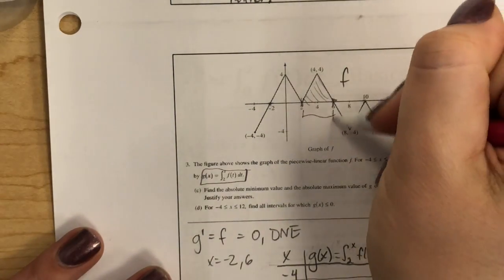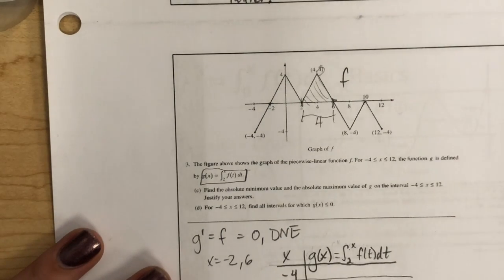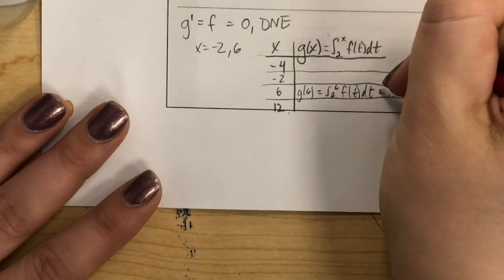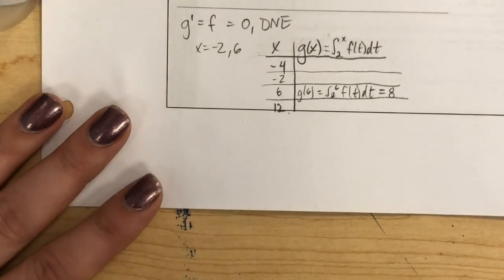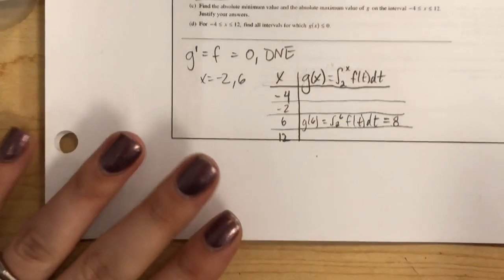This region is 4 by 4, so it's a triangle, which means the area is 8. Cool. If that ends up being the highest, then the absolute max value would be 8. And the justification is doing this work, of course.